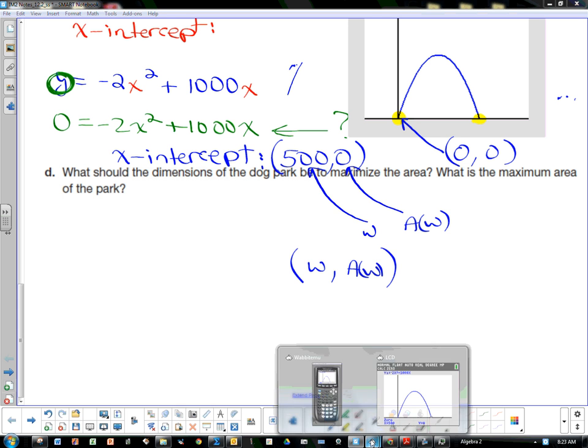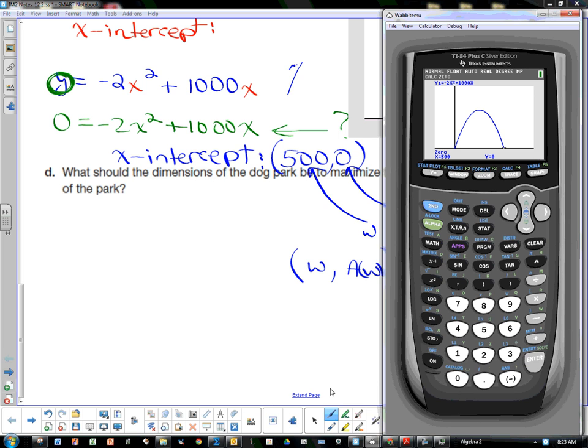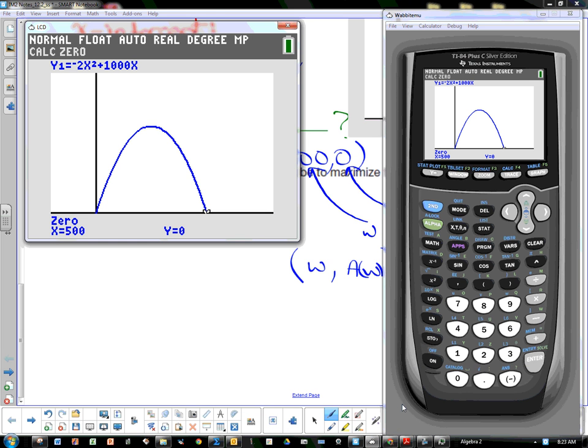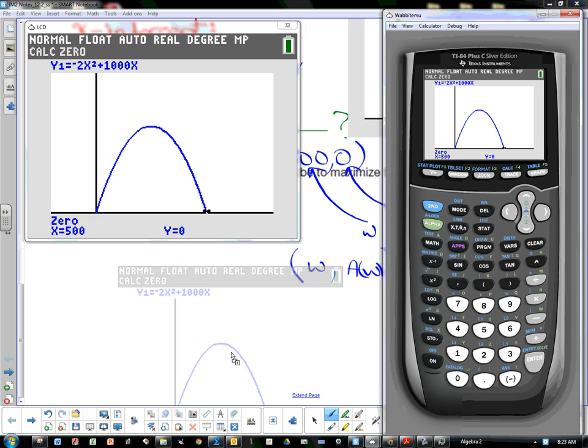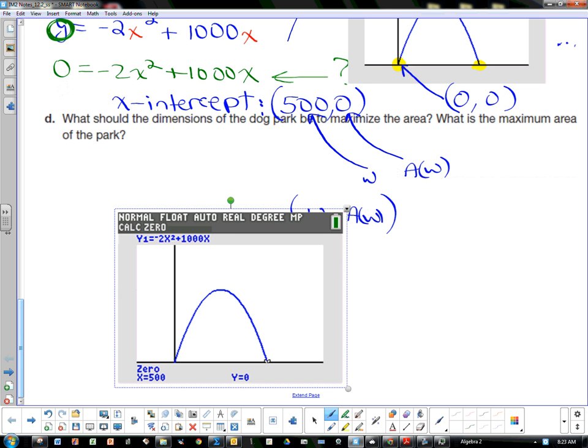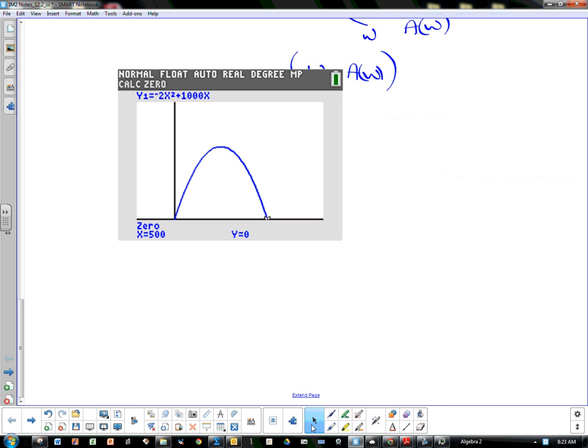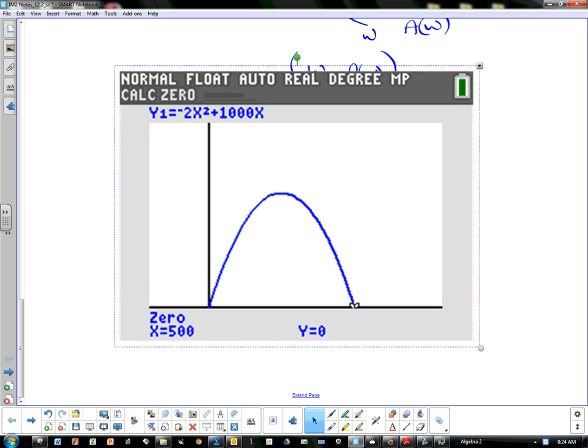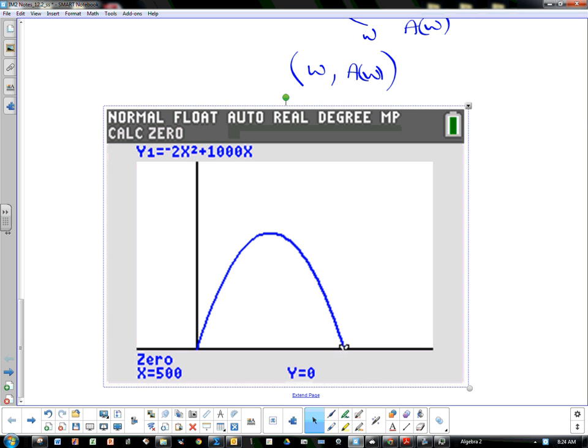Go back to your calculator for a moment and have this discussion. Where would be the maximum area? Even on the parabola, where are you looking? Up top? Right, here. Bring this back down so we can draw on it. Now this is something different.